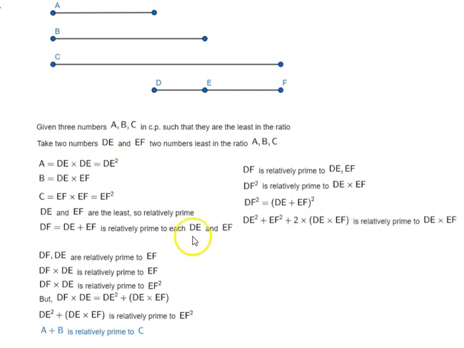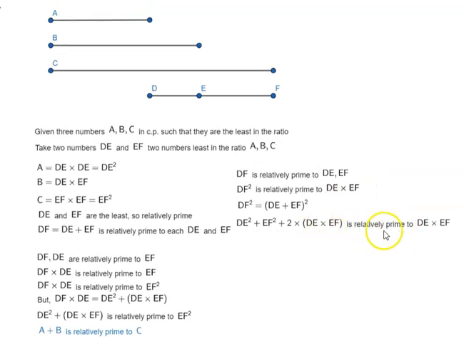And we know how to resolve this. So DE square plus EF square plus 2 times DE times EF. And since that is equal to DF square, we can say DE square plus EF square plus 2 times DE times EF is relatively prime to DE times EF.